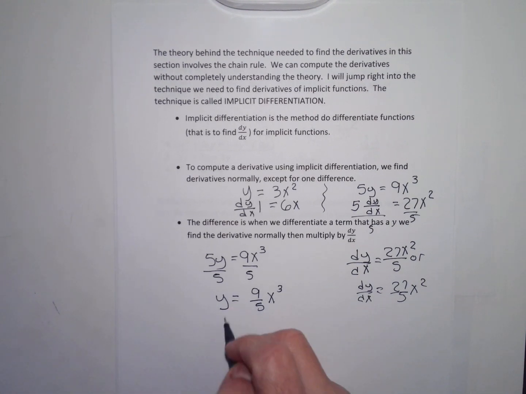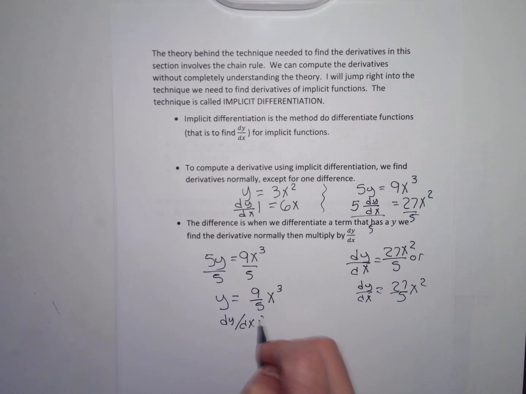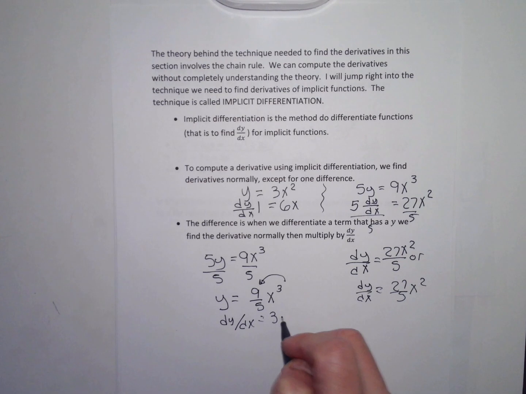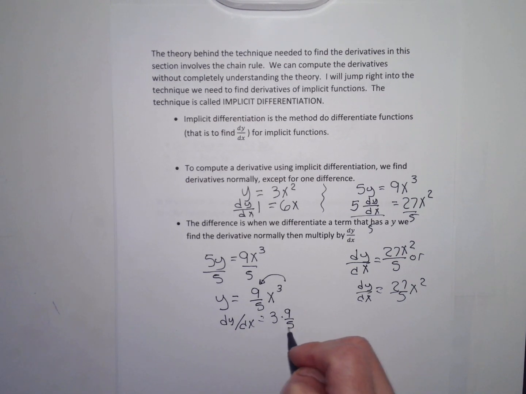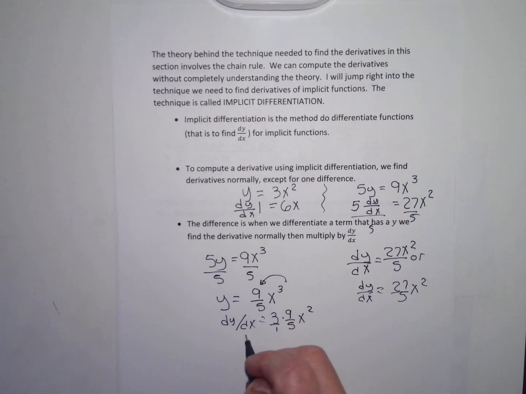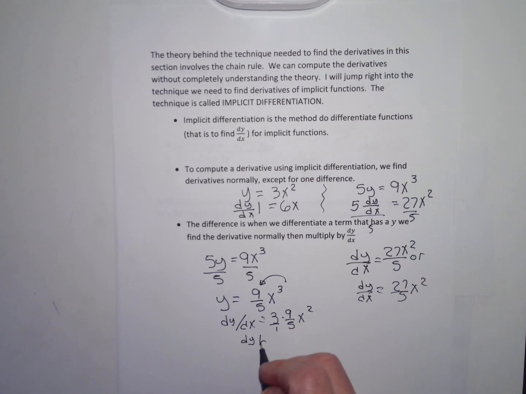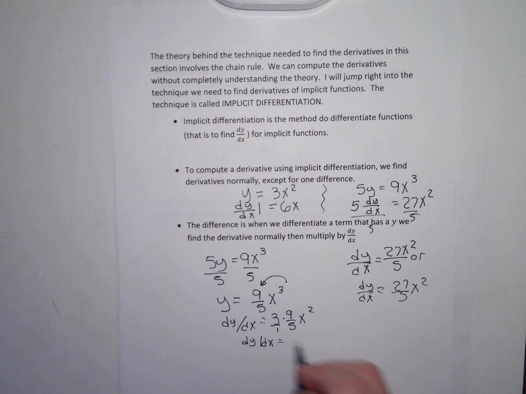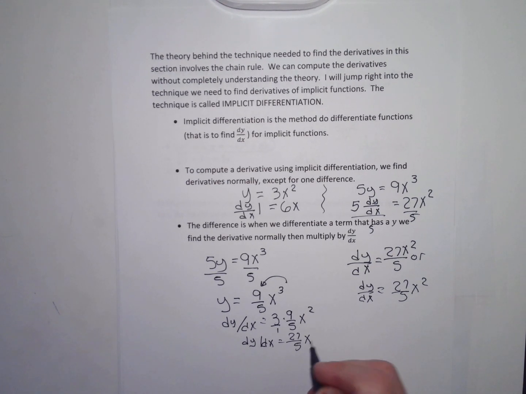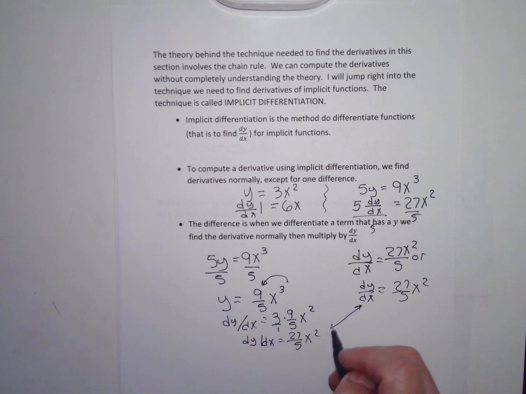Writing the longer notation, I can say dy/dx, and then I'll go exponent times the coefficient, so 3 times 9/5, lowering the exponent by 1. For this 3 times 9/5, I should think of it as 3/1 times 9/5. Multiply the 3 times 9 and get 27, multiply the 1 times 5 and get 5, and leave the x squared. So these match up perfectly.